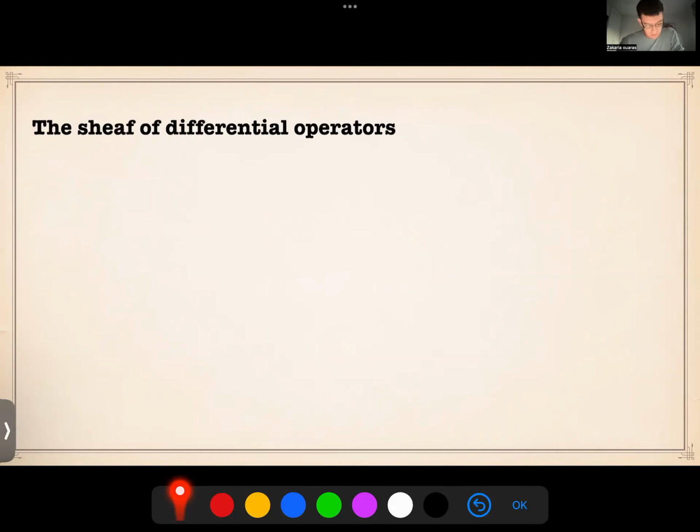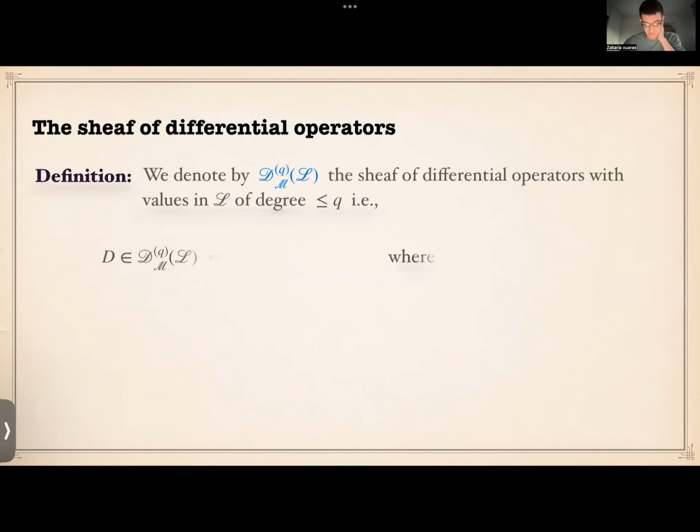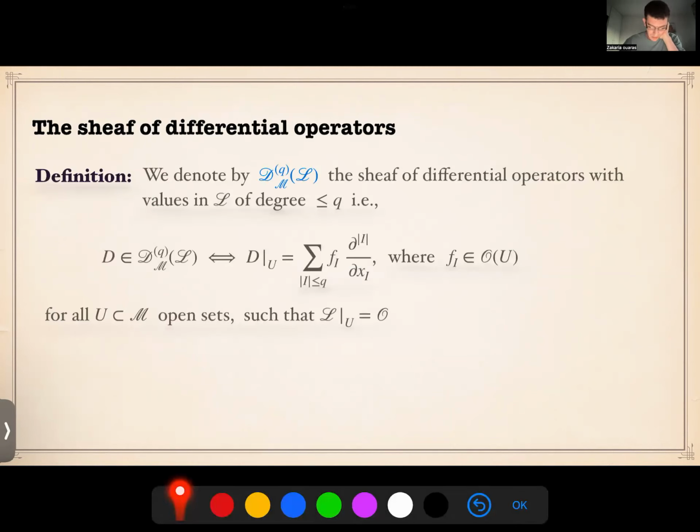Now we need another tool, which is the sheaf of differential operators. So a definition: you fix a positive integer q, and the sheaf of differential operators that acts on sections of L are elements that are locally, on any trivialization, given by a differential operator of degree q, where the coefficients are holomorphic functions or regular functions, depending on which category you work in.